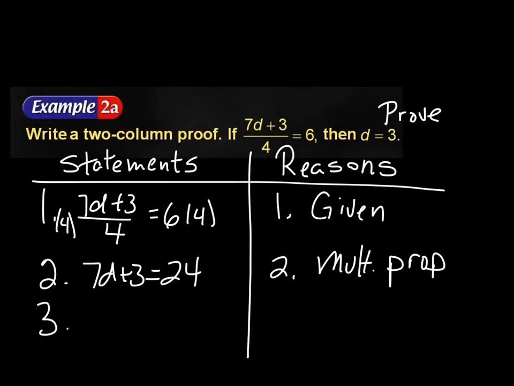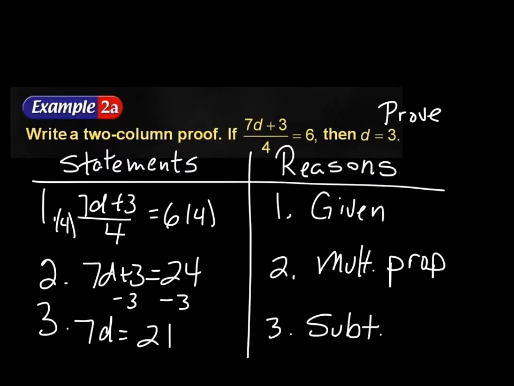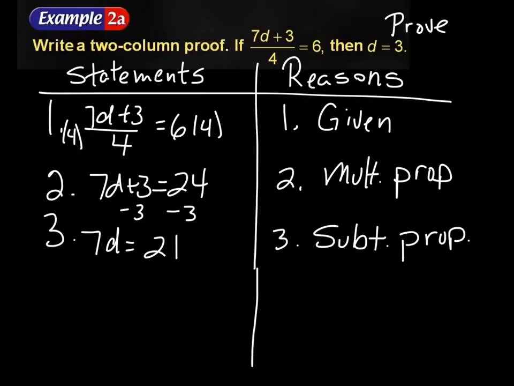And next, we'd want to subtract 3 from both sides. So I have 7d equals 21. So that was subtraction property of equality. Now, if you look in the book, they have about twice as many steps as I do because they have a substitution between each one of those. I find that unnecessary.